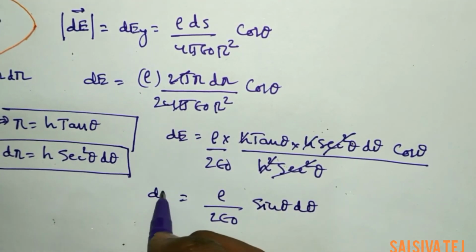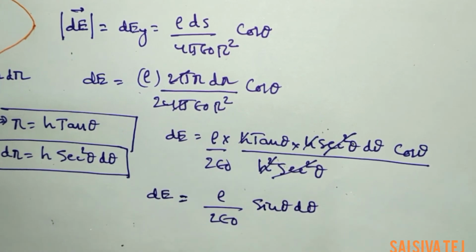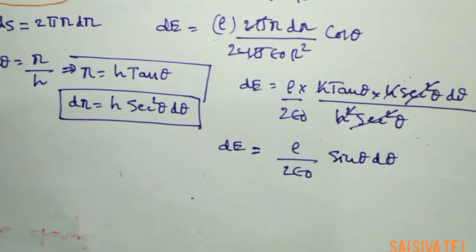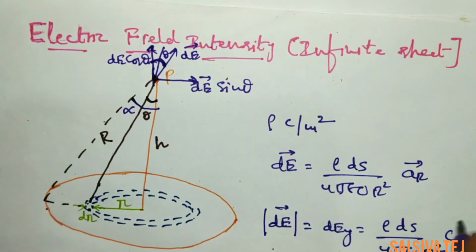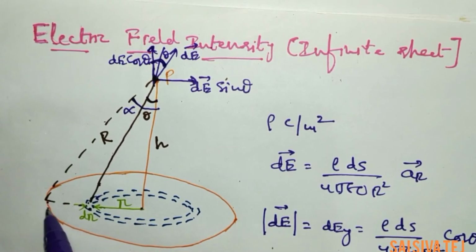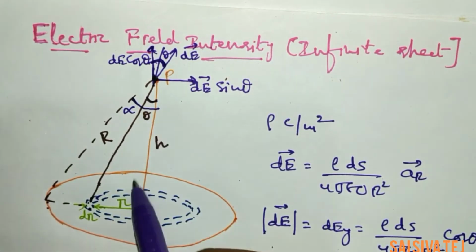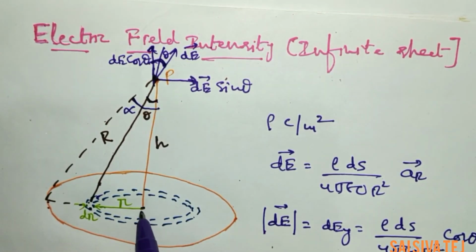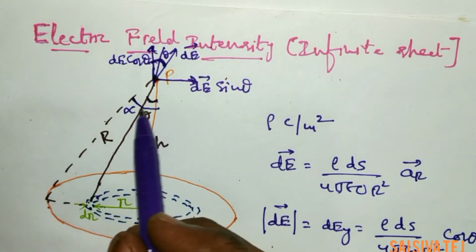So this is the magnitude of the differential electric field intensity, and when it is integrated over theta, from this portion to this portion we have to find out. When we consider the center portion, theta becomes equal to 0, and as we move along this radius, theta becomes equal to alpha.